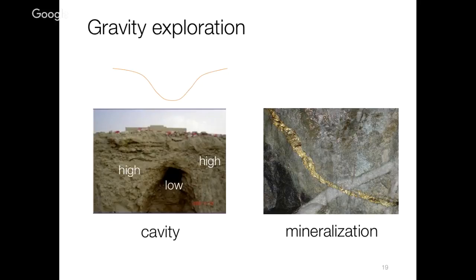Or say something has got mineralization, veins of very dense material, again, you'd now have a high value over top of it. So that's kind of the idea. You get a relationship between this physical property, density, and a geophysical curve that goes over here, and how that relates to what it is.